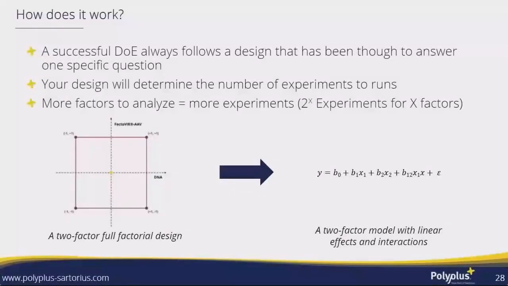So we'll be able to predict, without having done any experiments, what happens inside that square for conditions that you didn't test. Now, one limitation of this type of design, which is a standard design but a really simple one, is that the more factors you have to analyze, the more experiments you need to run, because a full factorial design is 2 to the power of x, x being the number of factors.